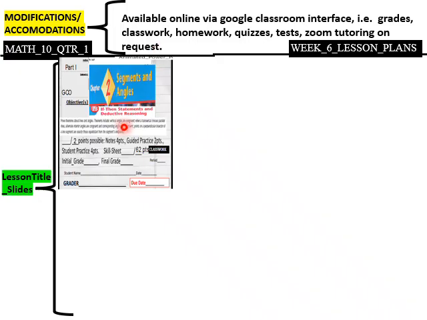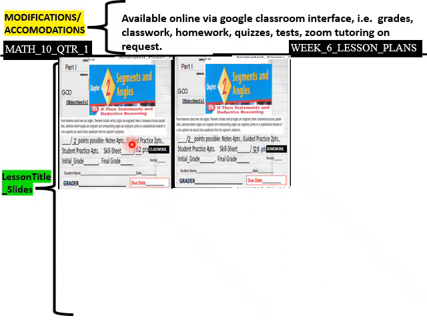And our first lesson here is our classwork for if-then statements and deductive reasoning. That's 62 points of classwork, 2 points in note-taking.